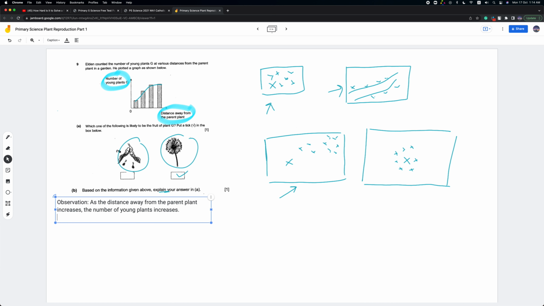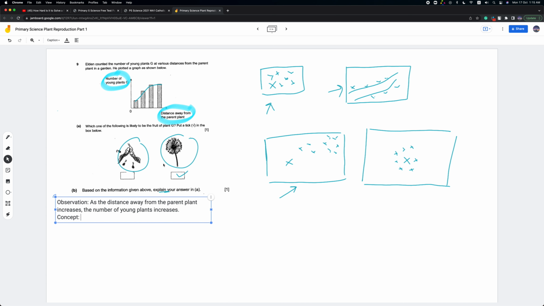And then what's the concept? Okay, so the concept will be, here they did not identify or name the different seeds.